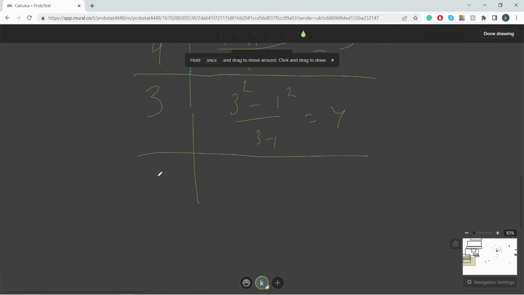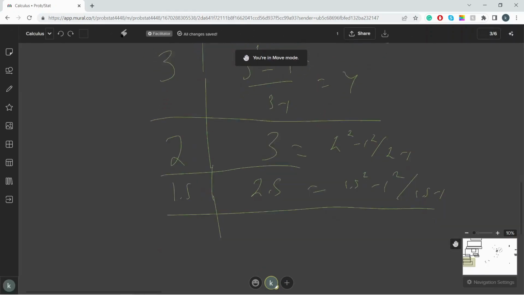So here we have x equals 2, and the value of the slope is going to be 3. Then we're going to have 1.5, and 2.5 as the value of the slope. So this is equal to 2 squared minus 1 squared over 2 minus 1. This is going to be equal to 1.5 squared minus 1 squared over 1.5 minus 1.